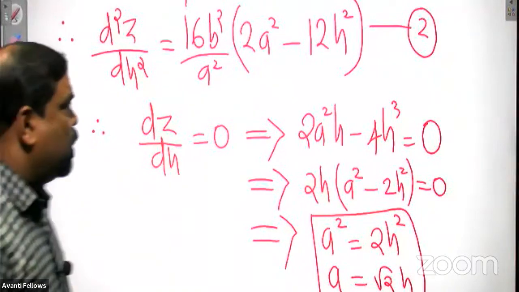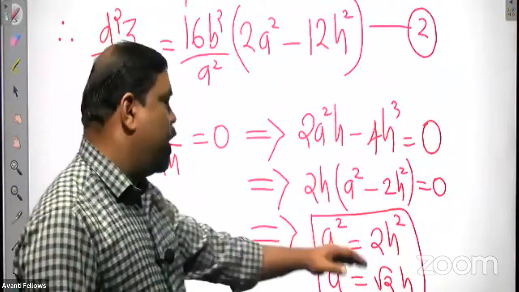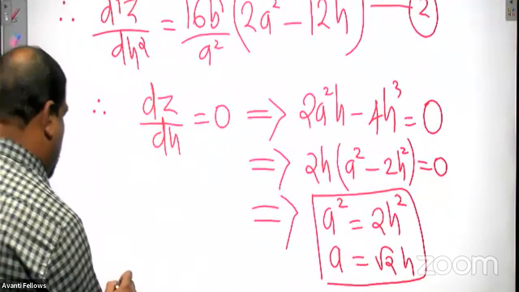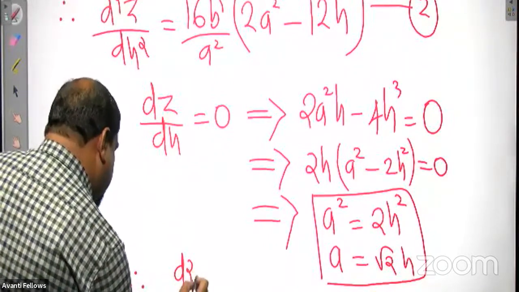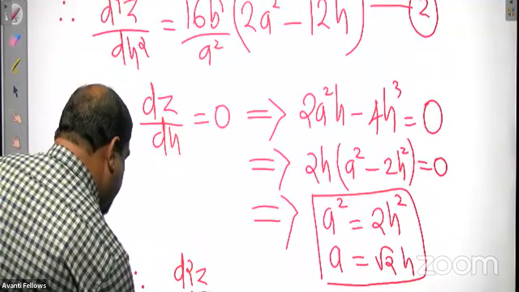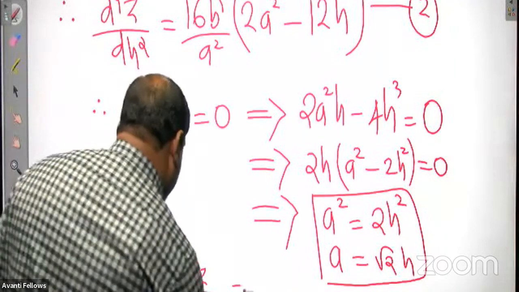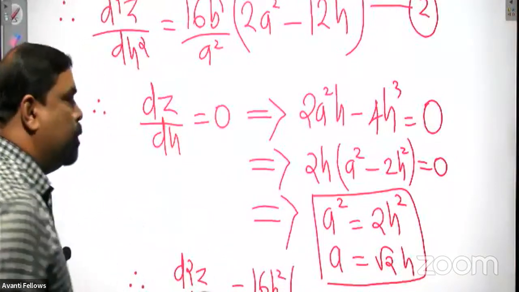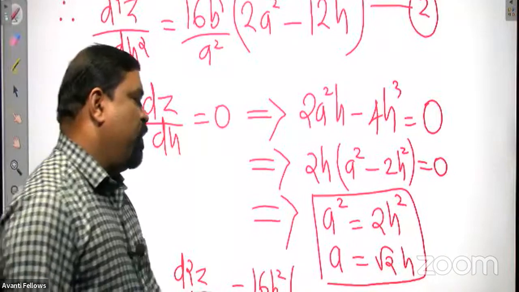Now we have to confirm whether area is maximum or minimum at this critical point. Okay, so for that we have to substitute this value in the second derivative. Let us see what is the sign of the second derivative. Therefore, d square z by dh square is equal to 16b square by s square into, in place of 2h square, the value is s square.